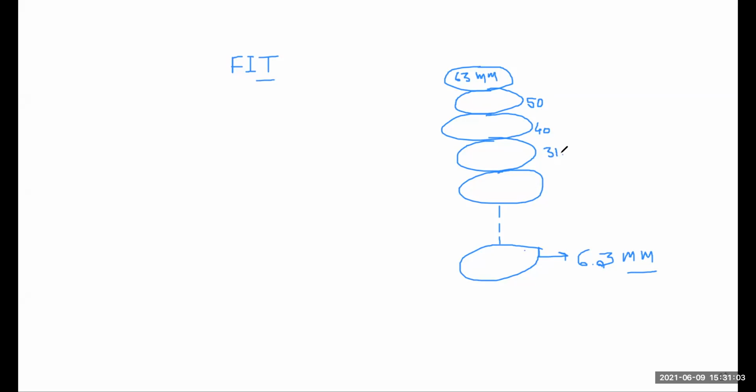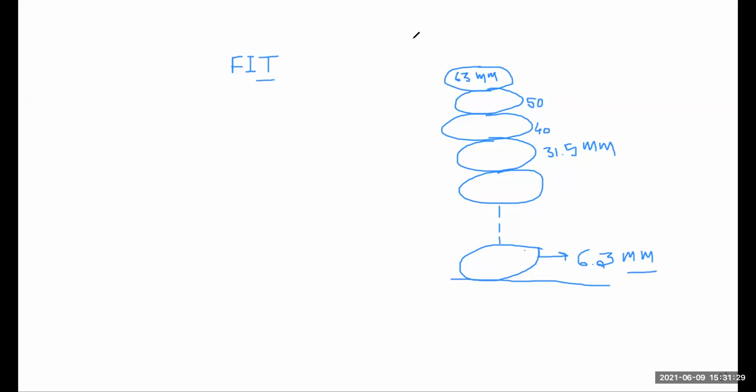So these are the different sieves with sizes starting from 63 mm, then 50 mm, 40 mm, 31.5 mm, 25 mm, 20 mm, and so on, 10 mm, and we stop at the 6.3 mm sieve.